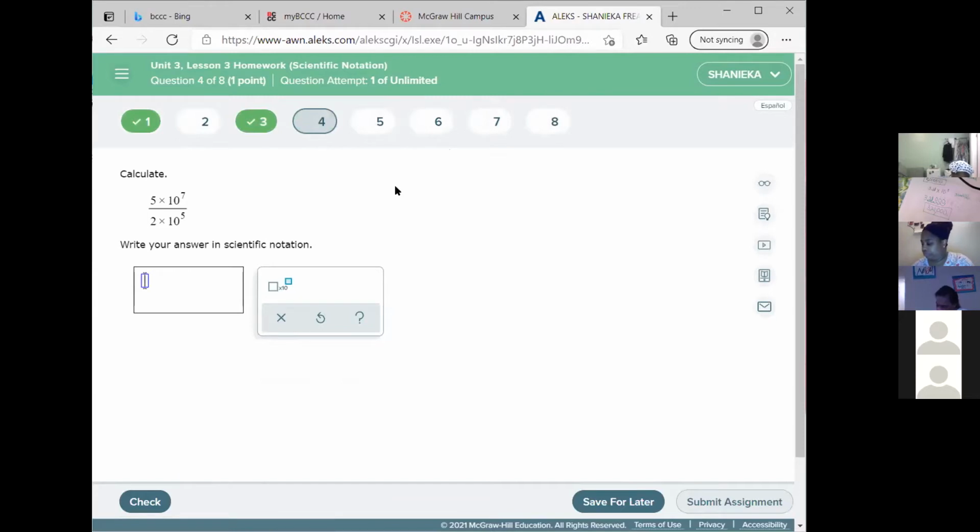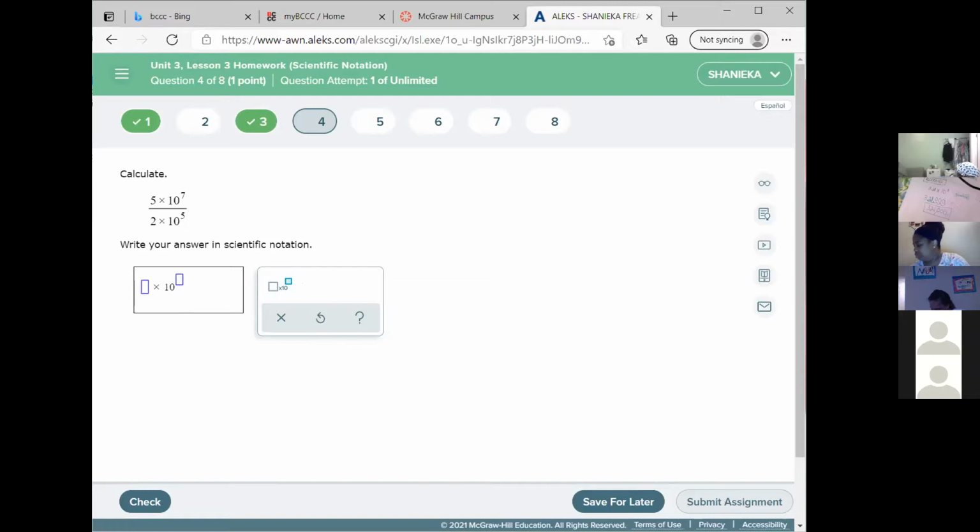Okay, now why don't you click on that above the X? Okay, now what I want you to do first is divide those integers. You can use your calculator. What's 5 divided by 2? You're going to take the numerator divided by the denominator on your calculator. 2.5.